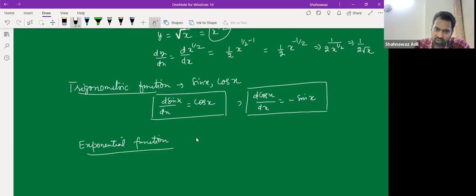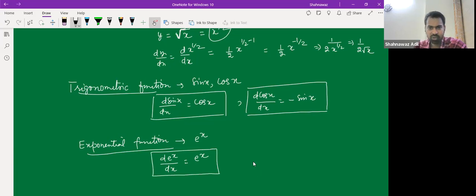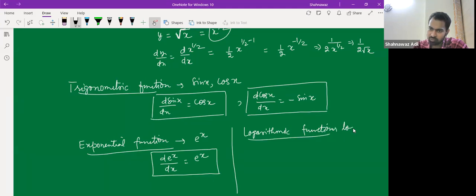So the exponential function is e^x, and the differentiation of e^x is also e^x. Right. So this is the differentiation of the exponential function, and then you have the logarithmic function, which is log x.